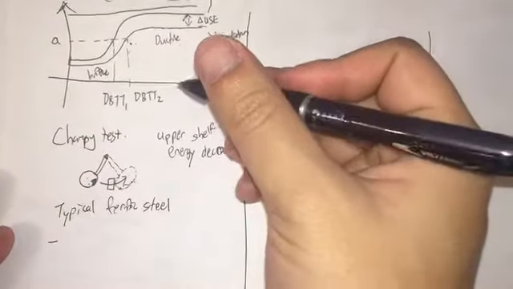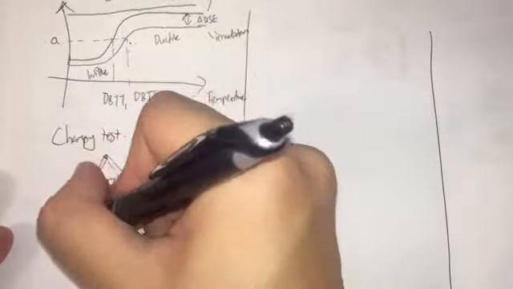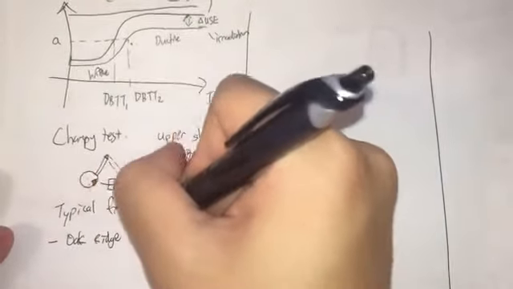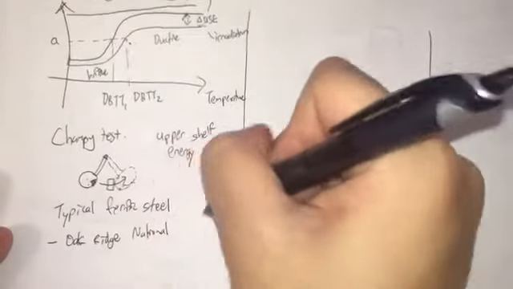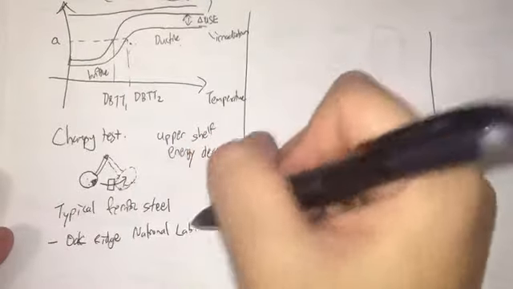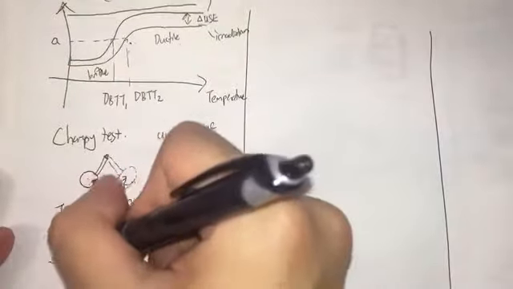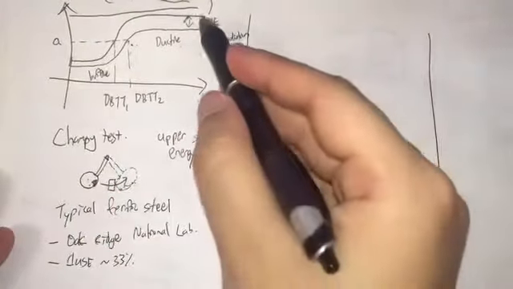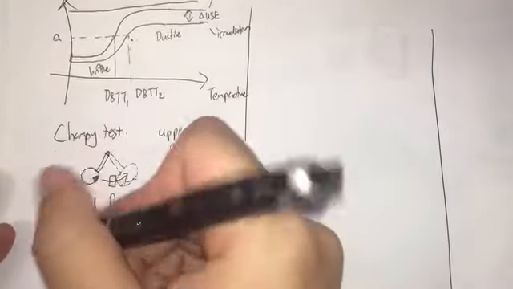When you look at the document by Oak Ridge National Lab, they did some tests and found that the delta USE is about 33%, a 33% decrease.